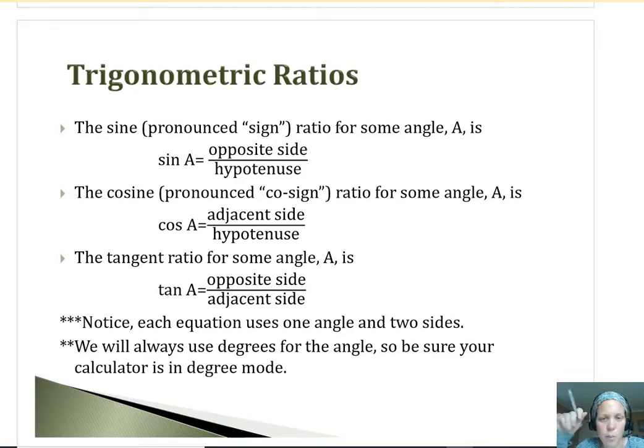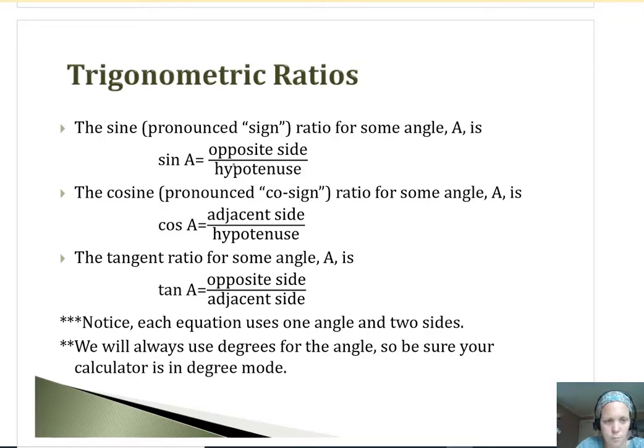We talked about ratios back when we did proportions, where it's comparing, like rise over run or things like that. It's a comparison of two sides. By using these trig buttons in our calculator, these trig functions, these trig ratios, we can find either angles or missing sides.